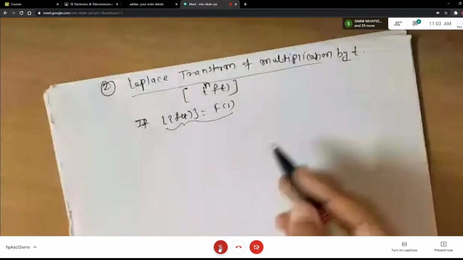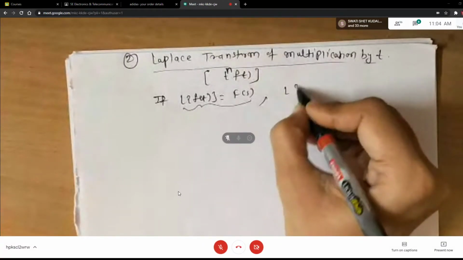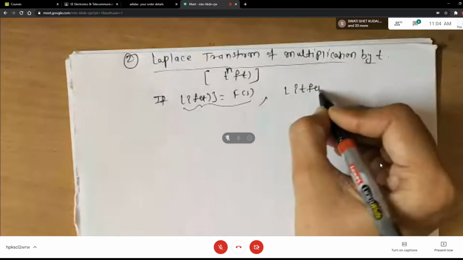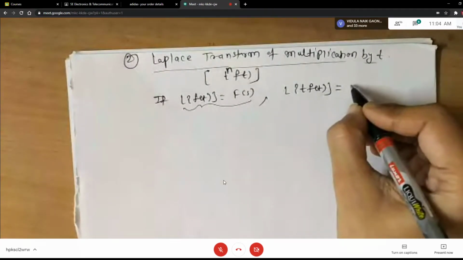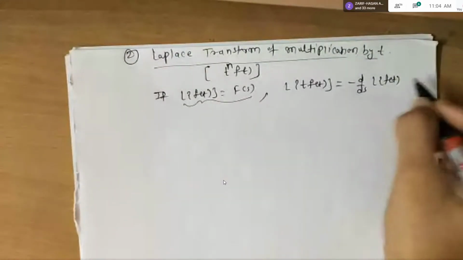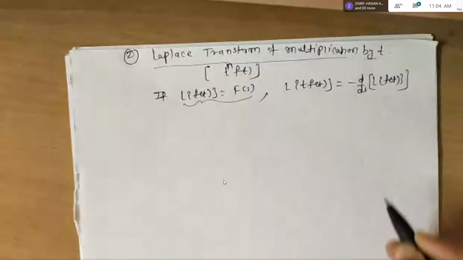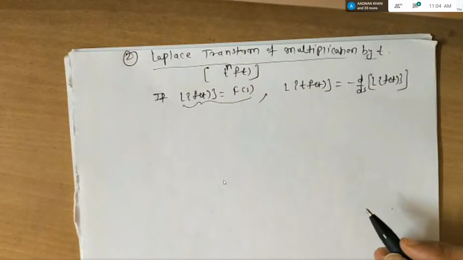Now see what this theorem, or the property, says. L of t into f of t is equal to minus d by ds L of f of t. Okay. I will give you the working rule also.